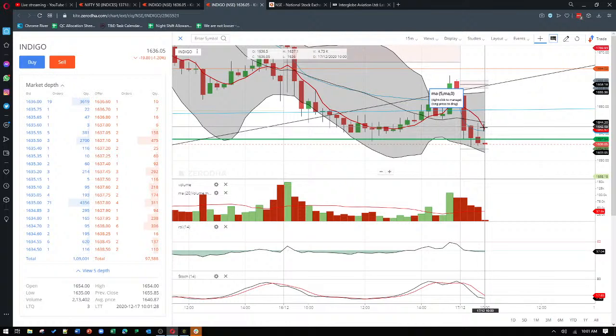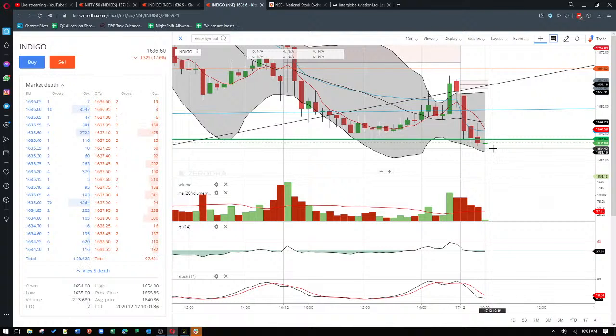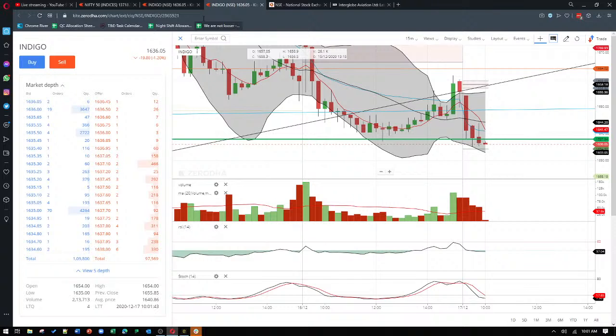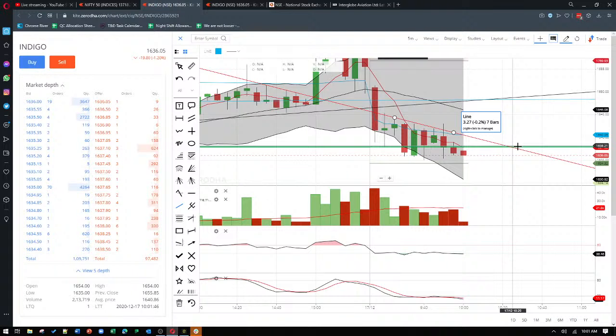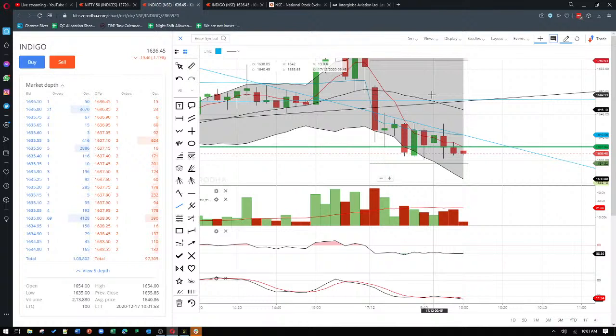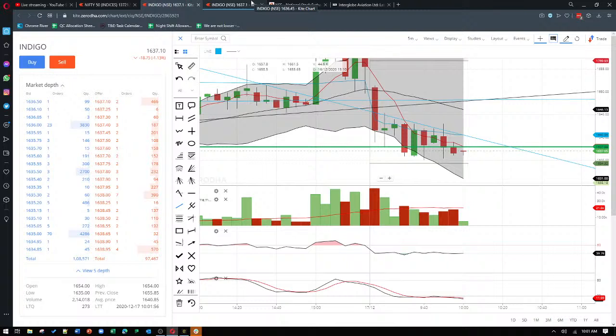I believe it is going to break this support zone soon. Let me see the 5 minutes for some time.